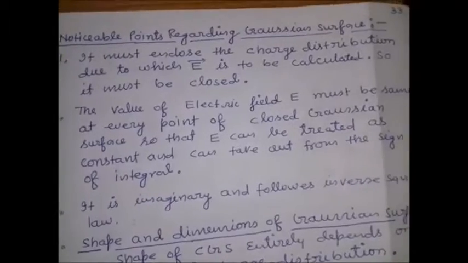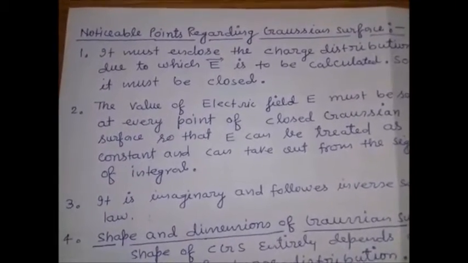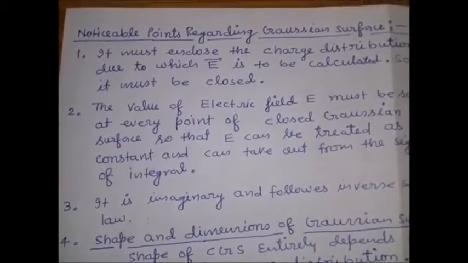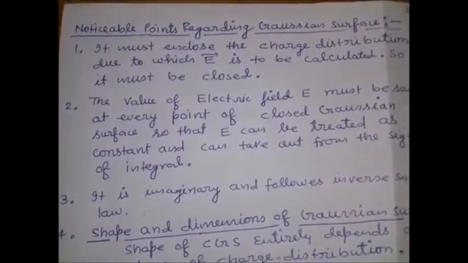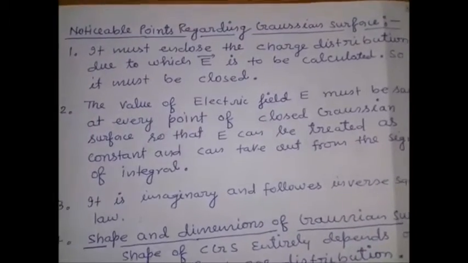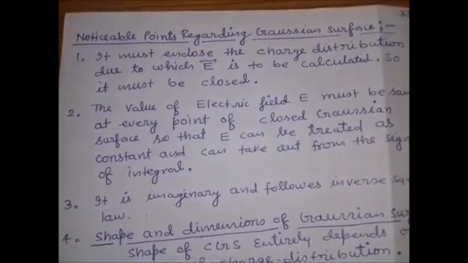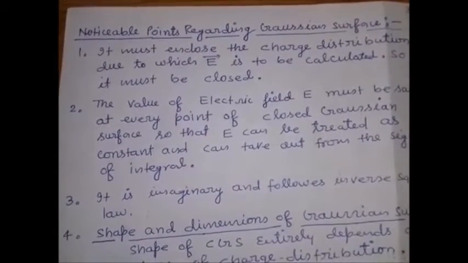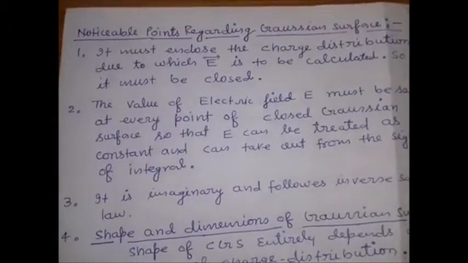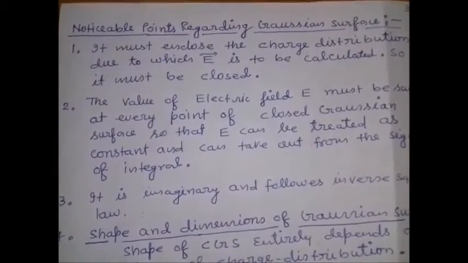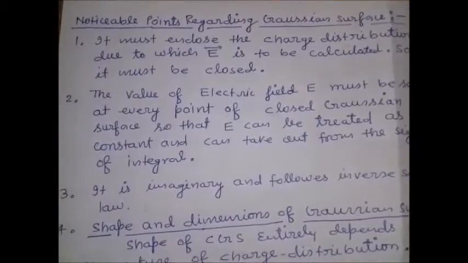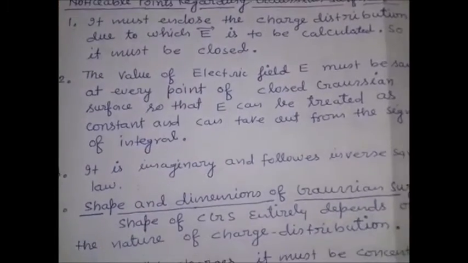It means if you know the value of electric field due to some source charge distribution using Gauss theorem, in that case, first of all, you will try to enclose that charge with a Gaussian surface. So Gaussian surface must be closed. This is the first property.